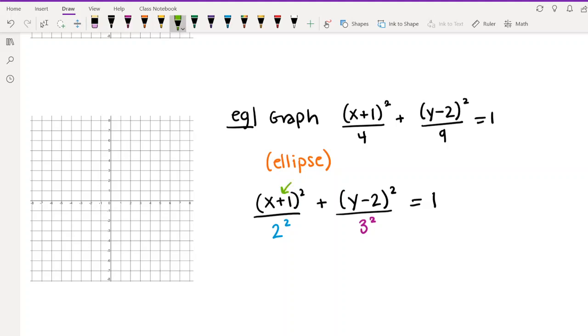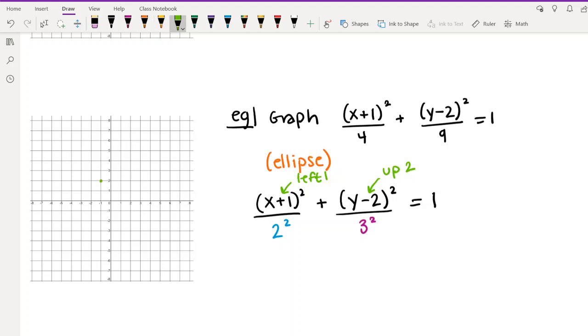We added 1 to x, and so that means it's going to go left by 1. And then we subtracted 2 from y, and so that means it's going to go up by 2. So before we even start drawing this, we want to think about where the center is, and we want to move that somewhere else. The center of this is going to be left 1 and up by 2, so it's going to be like here.